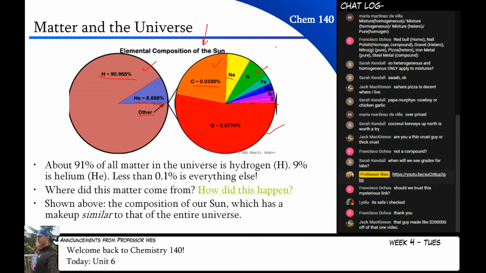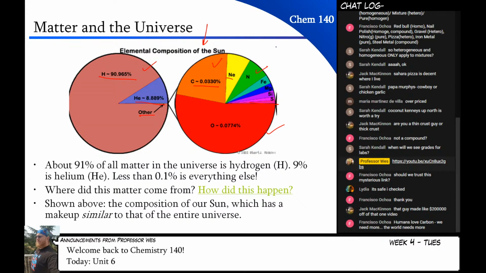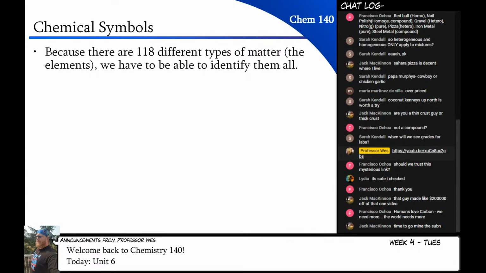But those heavier elements do exist in the sun. For example, there is more gold in the sun than the entire mass of the Earth. We should go mining on the sun for gold. I mean, if you could figure out how to do that, you'd make all the money ever. Time to mine the sun.